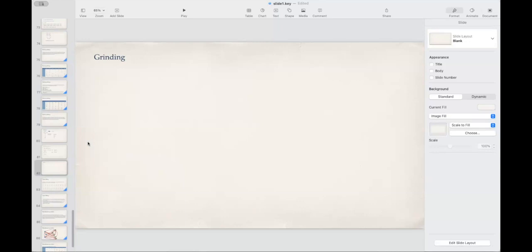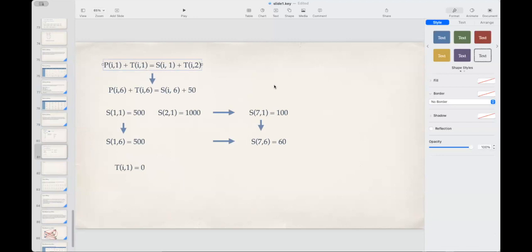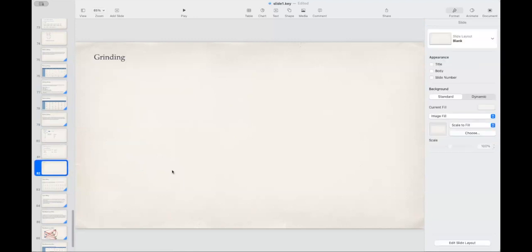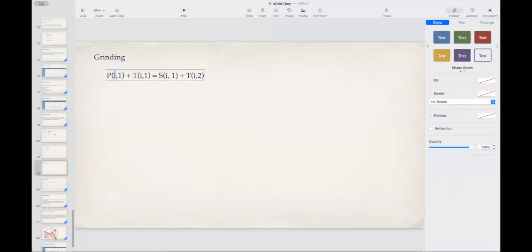How many hours do we need to produce product 1 to product 7 in the first month? This is the first month. I stands for product. So look at P11 first.